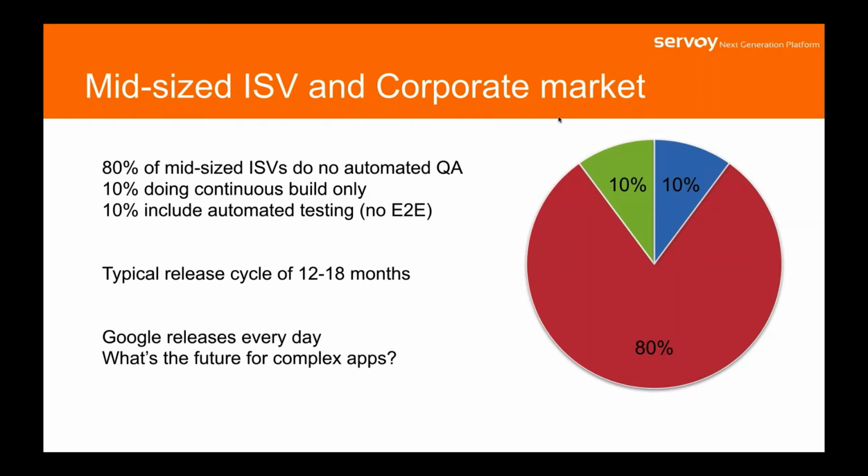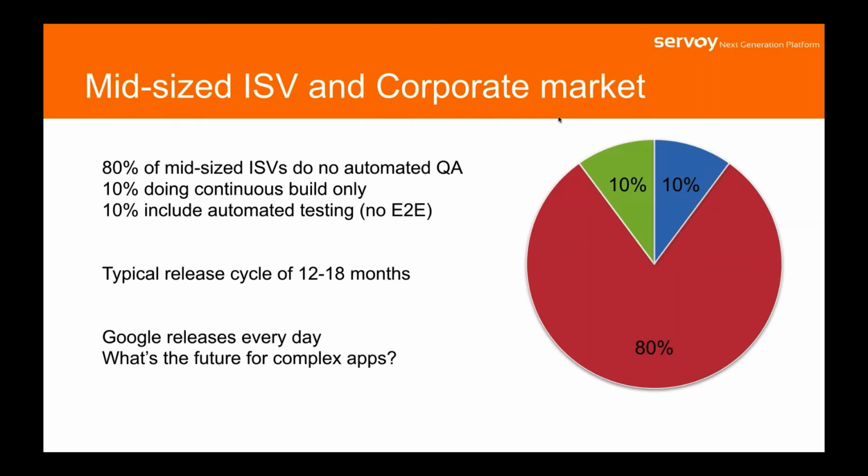Only a small percentage do continuous build. Continuous build means building daily or weekly, automated from your source. And only a small percentage of ISVs are doing automated end-to-end testing. A typical release cycle of large ERP applications is still 12 to 18 months today.